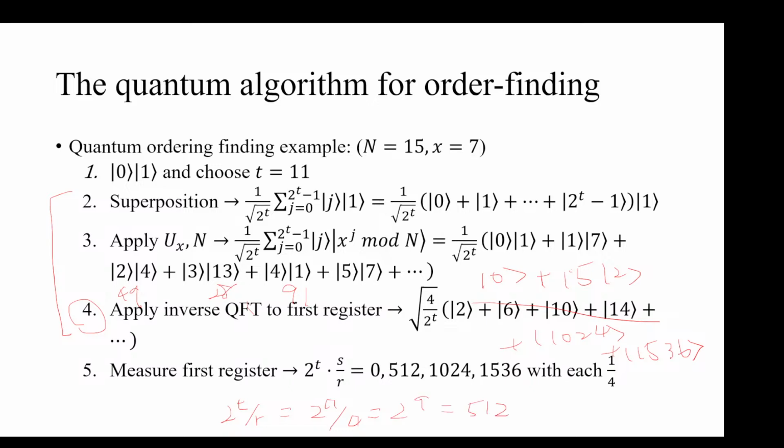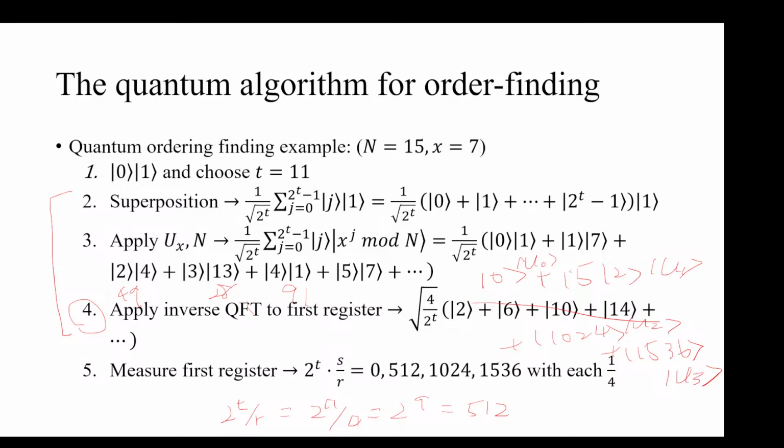And so the first register should be 512 times 0, 1, 2, 3. Okay. So the first register should be this thing, and the second register should be times U0, and this thing times U1, and this thing times U2, and this thing times U3.